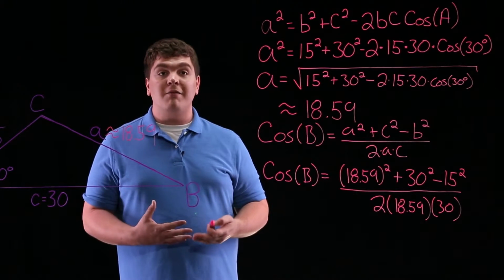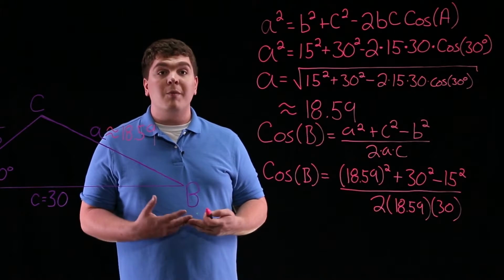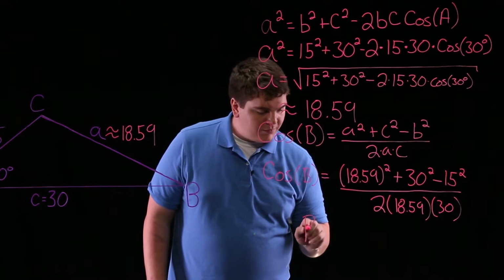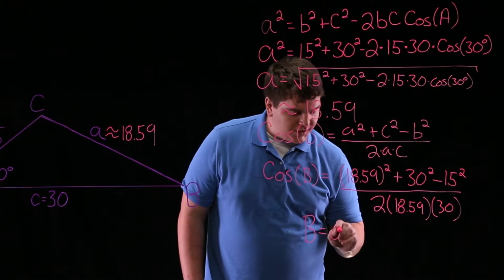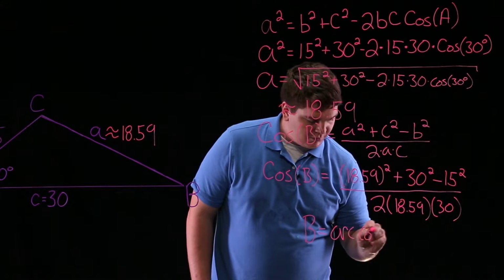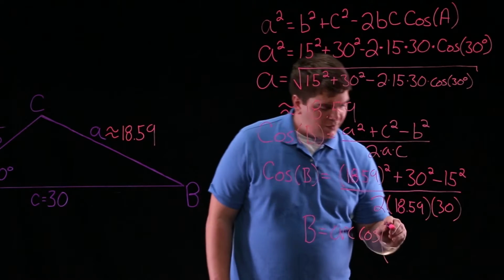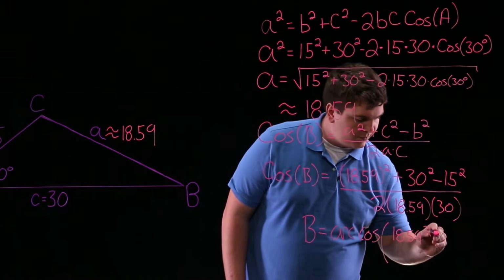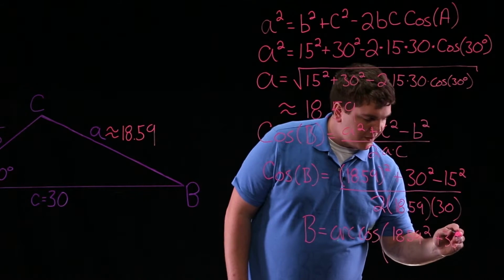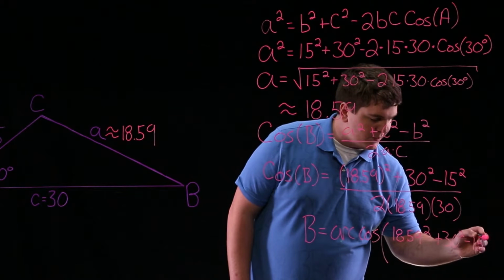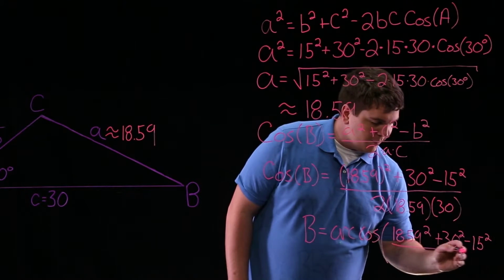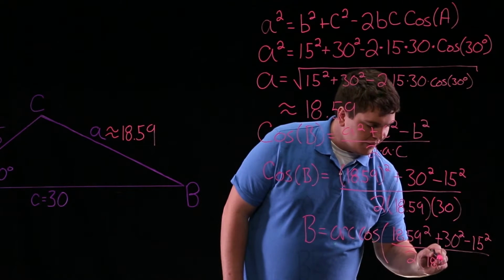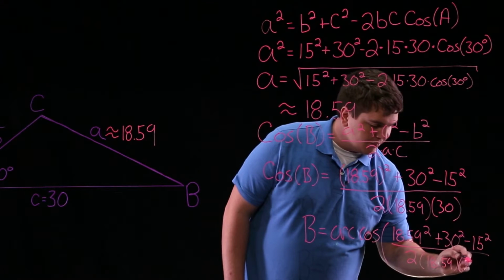From here, we can use the inverse trigonometric properties to solve for B by taking the arc cosine of both sides of the equation, which results in B is equal to arc cosine of 18.59 quantity squared plus 30 squared minus 15 squared, all divided by 2 times 18.59 times 30.